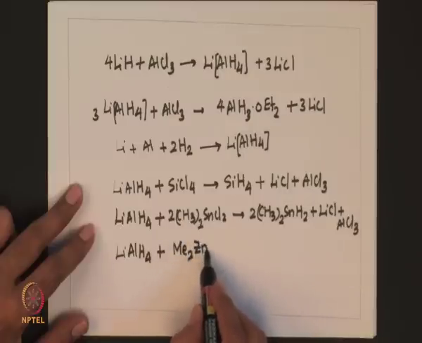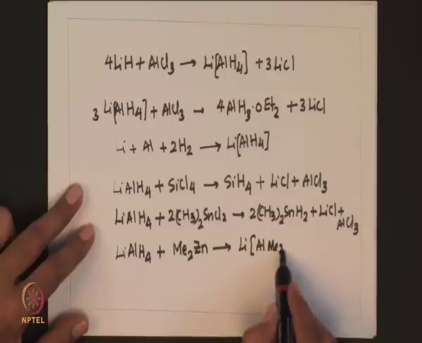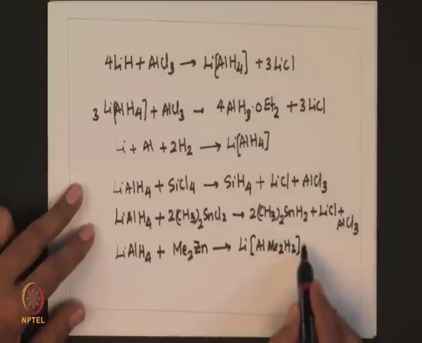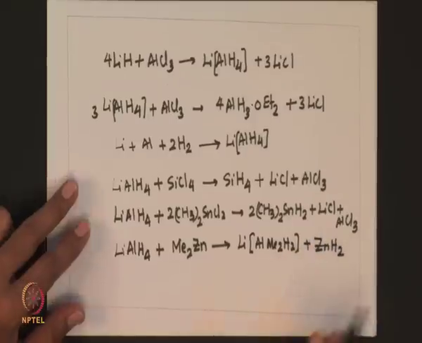If you take lithium aluminum hydride and interact with dimethyl zinc, here what we get is AlMe2H plus zinc hydride. So, these are some of the applications in synthesis.